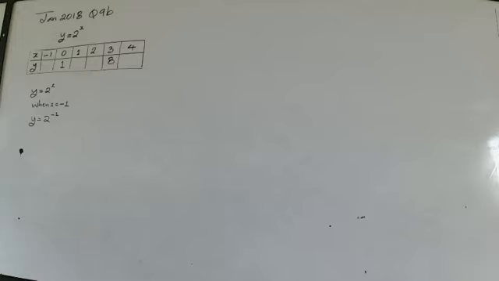From the law of indices, 2 to the minus 1 is the same as saying 1 over 2, which is a half. Now, if you did not know that, it doesn't mean that you don't know how to do the question. You could have simply used your calculator and put 2 raised to the power minus 1, and the calculator is going to give you 0.5, which is a half. So let's put in 0.5.